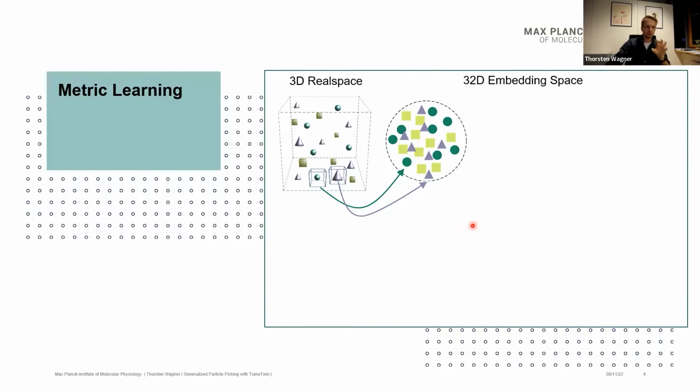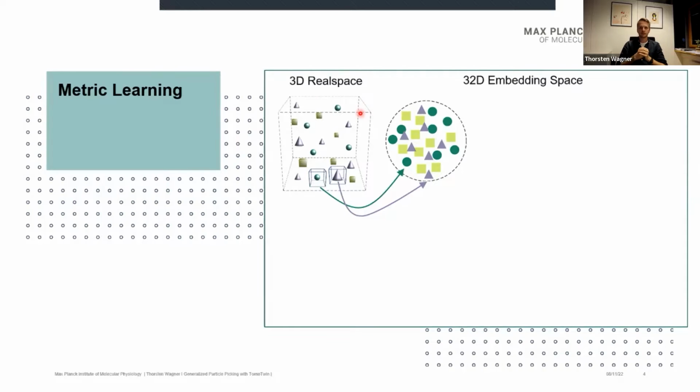What we want to achieve with metric learning is the following. Assume you have your volume here with a certain number of objects. Now we extract at each and every position within this volume subvolumes of a certain size, so we have a running cube basically. Sometimes this cube might contain our object of interest and sometimes not.